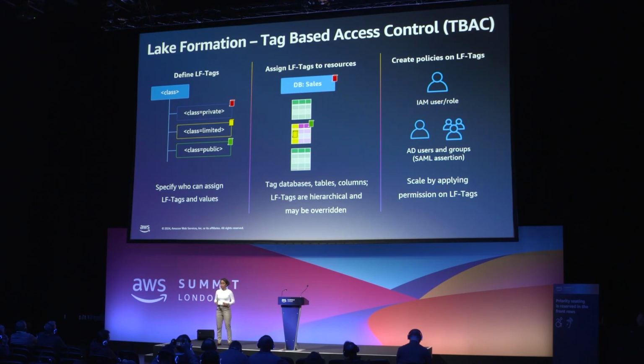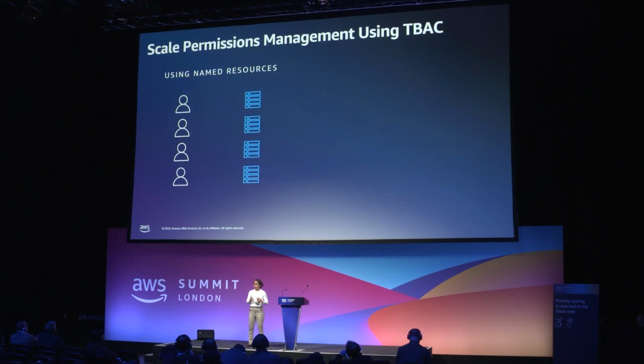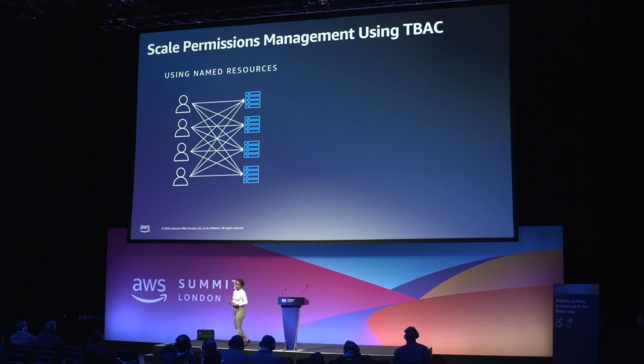The best practice is to use tag-based access control. And I'm going to tell you with an example why this is the best practice. Suppose you have 4 individuals and 4 resources. With database-style permissions, you have to create 16 permissions.